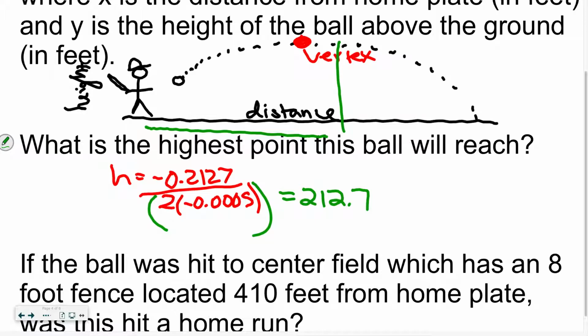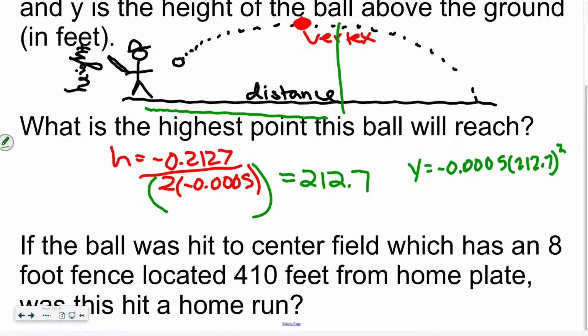So we would do y equals negative 0.005. Oops, forgot a 0. 0.005 times 212.7 squared. Is it minus? I can't see my screen.